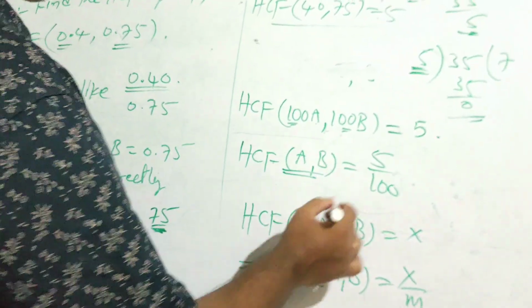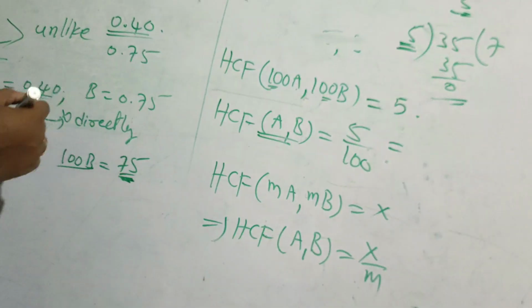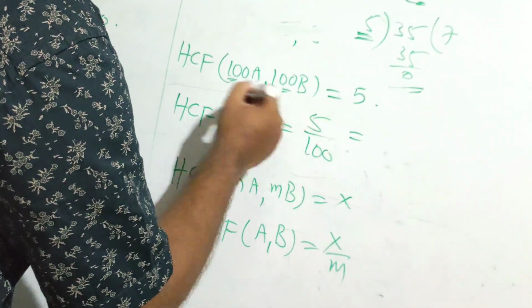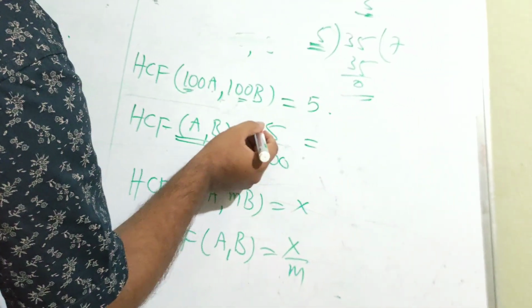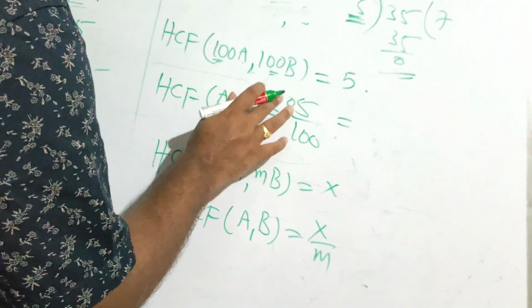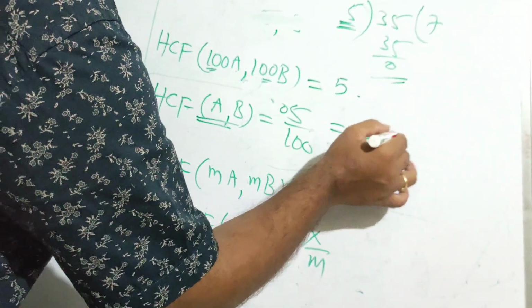So 5 by 100. If you divide any number by 100, we should keep the point after 2 digits from the right side. This is 1 digit, so 2 digits are not there, you can keep a 0 and put the point here. That means we will get 0.05.